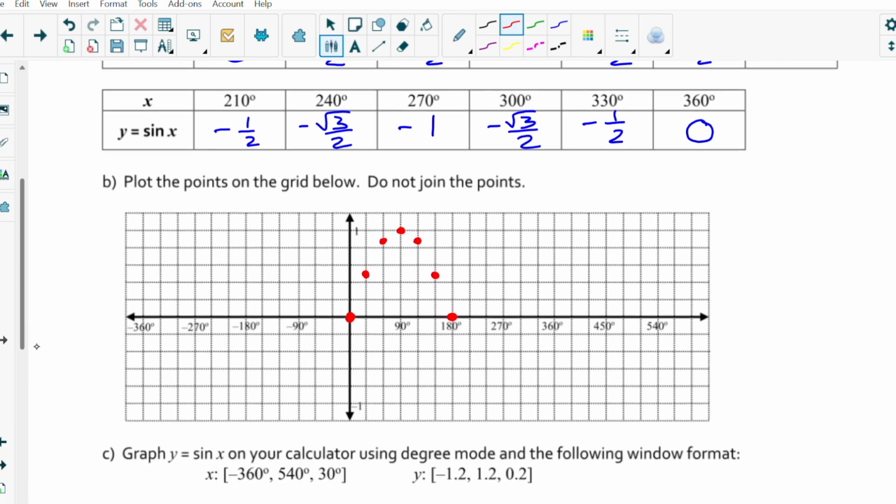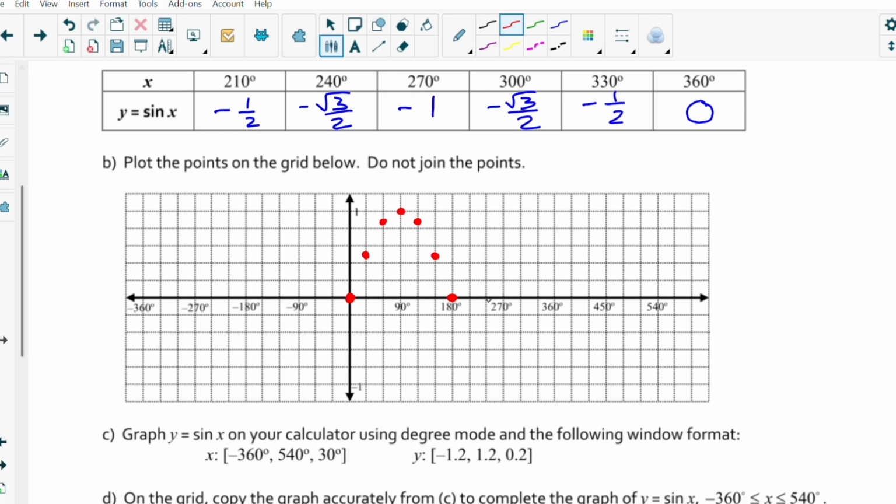Okay, let's continue. 210 degrees, I have negative 1/2, so right about there. 240 degrees, negative square root of 3 over 2, right about there. 270 degrees, negative 1.